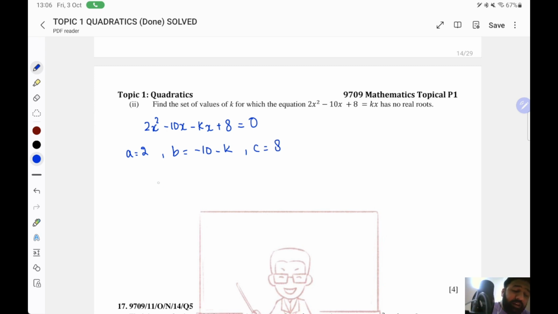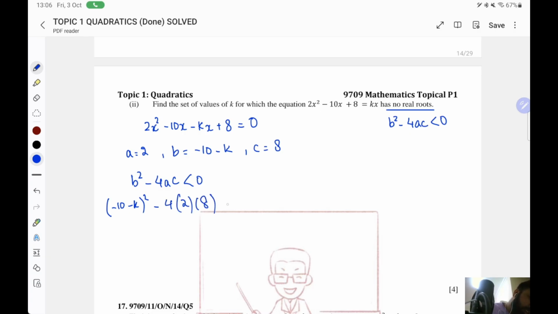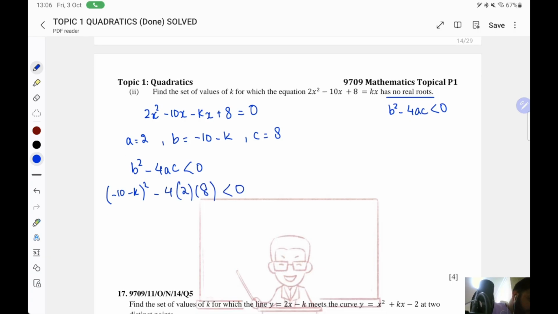And he says that it does not have any real roots, so it means b square minus 4ac is less than 0. So let's substitute the values. It will be minus 10 minus k whole square, minus 4 times 2 times 8, less than 0.